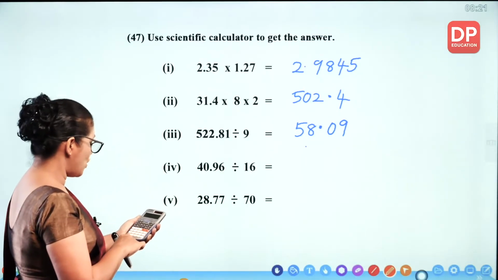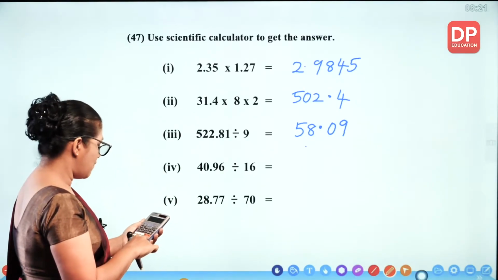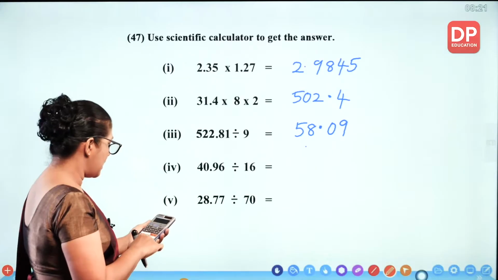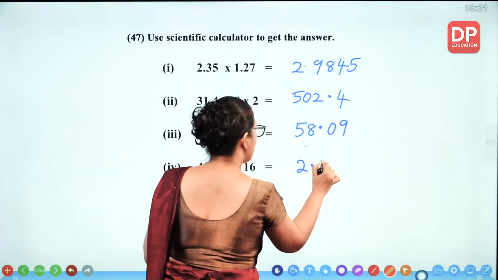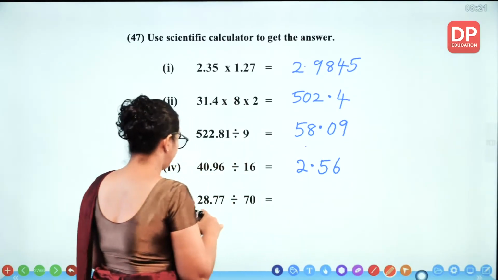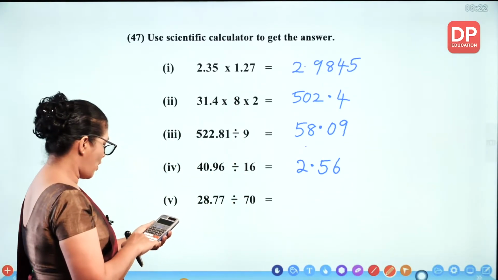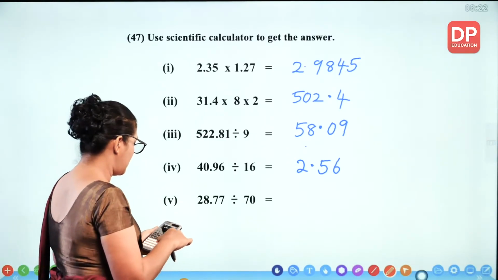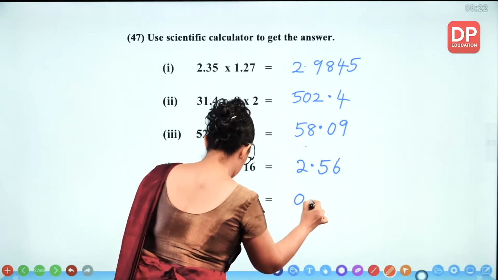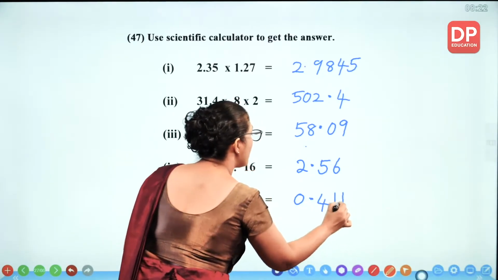The next one, 40.96 divide by 16. 2.56. 28.77 divide by 70. 0.411.